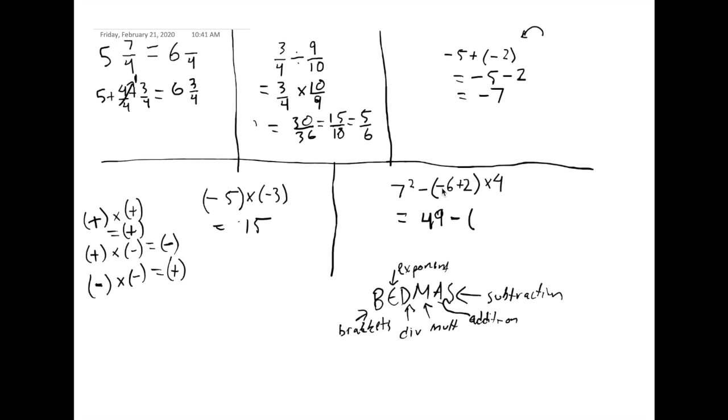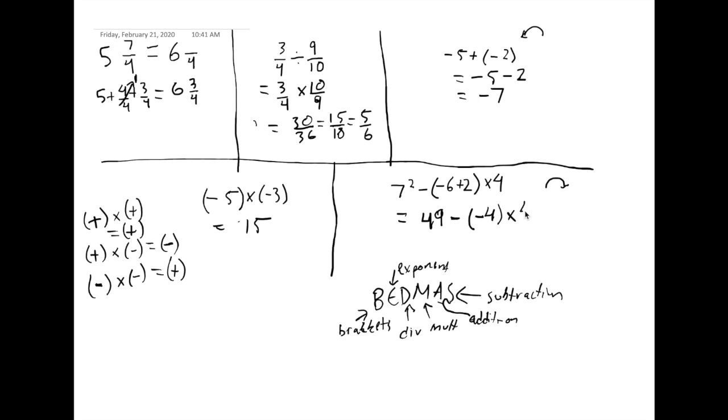So we have a negative 6 plus a 2. So this negative 6 is becoming more positive. It's becoming a negative 4 because it's moving in the positive direction towards 0 or towards the positives.